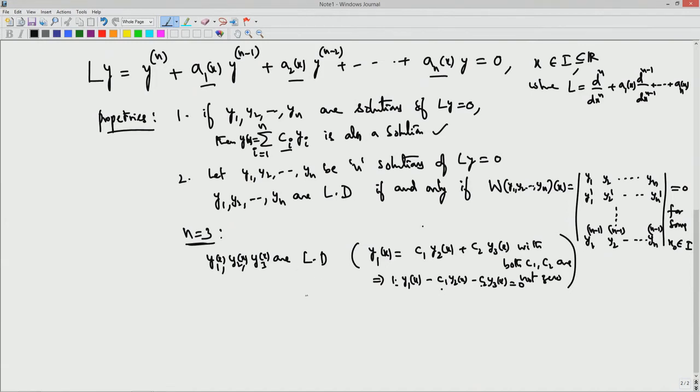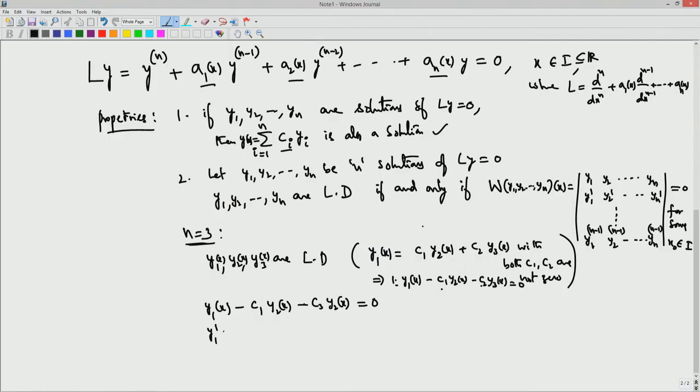Suppose they are linearly dependent. So you take y1(x) minus c1 y2(x) minus c3 y3(x) equal to 0. You differentiate, because y1, y2, y3 are solutions of a third order differential equation since n equal to 3, so you can differentiate twice.